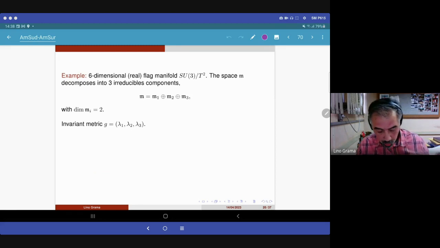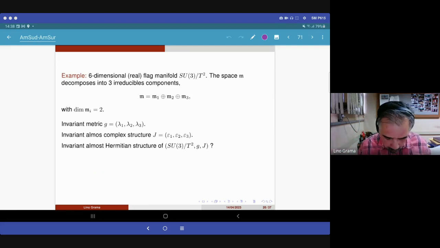An invariant metric in this case is just 3 positive numbers. Recall, the dimension is 6: lambda 1 twice, lambda 2 twice, and that's it. And for an invariant almost complex structure, J will be 3 signs, plus or minus 1.